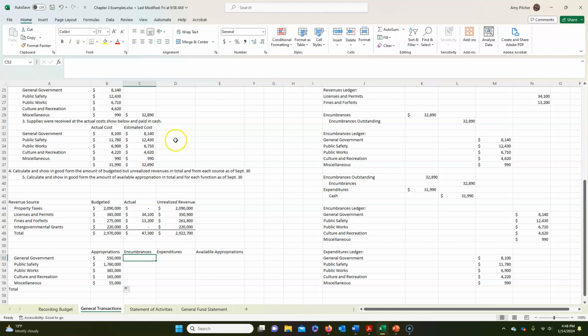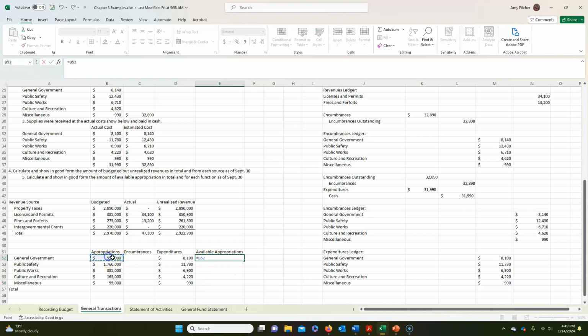And we don't have that situation because we were talking about the supplies order. So if it said like public safety only received 10,000 of their supplies, then we would still have 1,780 as the encumbrance. We would still have an amount encumbered, but we don't have any of that amount. So we have our actual expenditures that were recorded. We don't have anything outstanding that has not arrived yet.